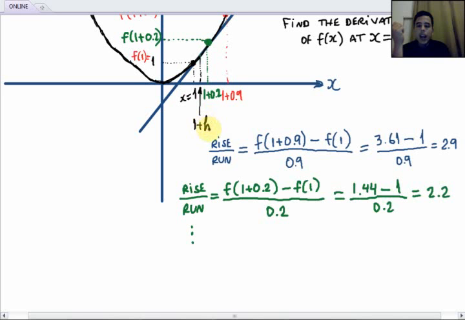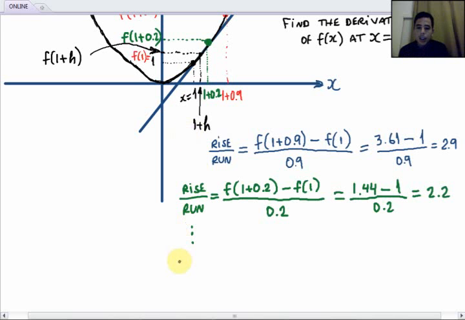So that h is the 0.9, 0.2, and then 0.1, and then 0.01. Eventually, this h is getting closer and closer to 0. So because of that, the point there would be f of 1 plus h.